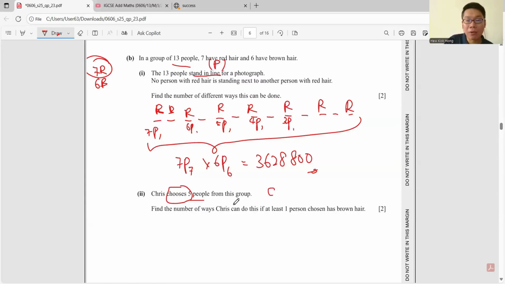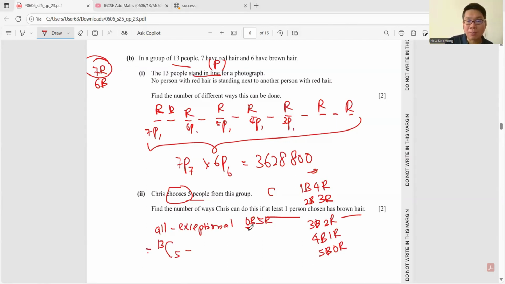Find the number of ways Chris can do it if at least 1 person chosen has brown hair. So you can either do 1 brown hair, 4 red hair, 2 brown, 3 red, 3 brown, 2 red, 4 brown, 1 red, 5 brown, no red. Or you can use all minus exceptional.